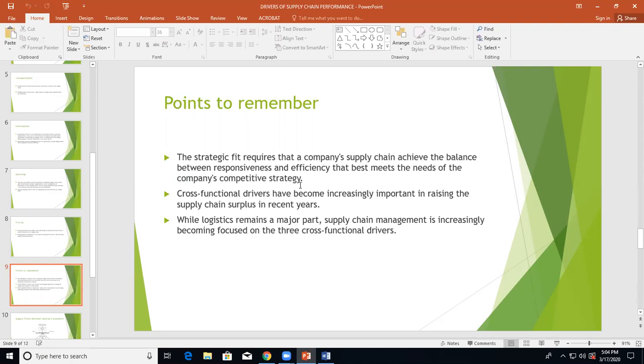There has to be balance between responsiveness and efficiency. You can never be 100% efficient, and you can never want to be 100% responsive. There has to be balance because at the end of the day you always have to take care of your profitability. And you can never think about your profitability all the time.